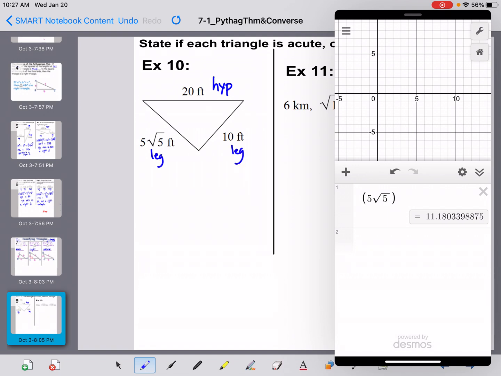So now, hypotenuse would be 20 squared. And I'm going to put a question mark because I don't know what symbol to put there. I don't know if they're going to be equal, less than, or greater than, so I'm going to put a question mark until I know for sure.